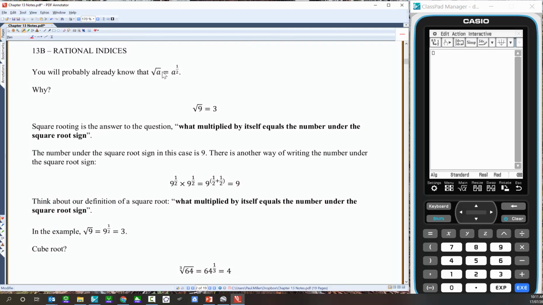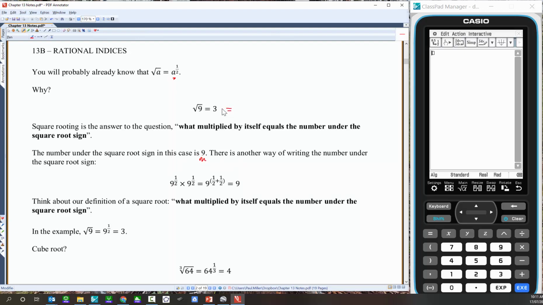So hopefully we know so far that the root of a can also be written as a to the half. So 9 to the half is basically saying, can you square root this base, please? So root 9 equals 3. Square rooting is the answer to the question, what multiplied by itself equals the number under the square root sign? The number under the square root sign is 9, and what we can do is rewrite that number.